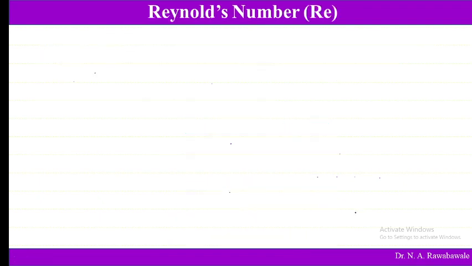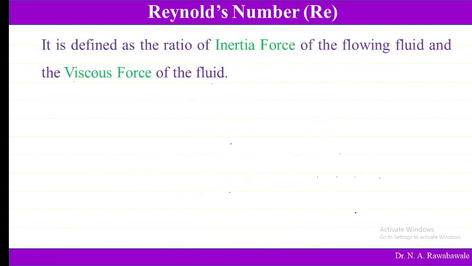What is this Reynolds number? Reynolds number is defined as the ratio of inertia force to viscous force. The inertia force of the flowing fluid to the viscous force of the fluid is known as the Reynolds number. So Reynolds number Re is the ratio of inertia force to viscous force.